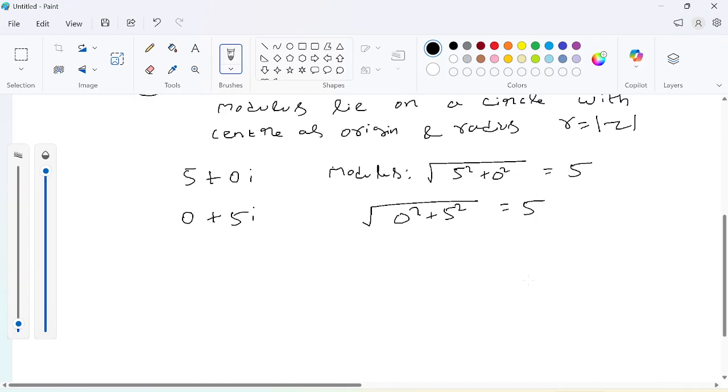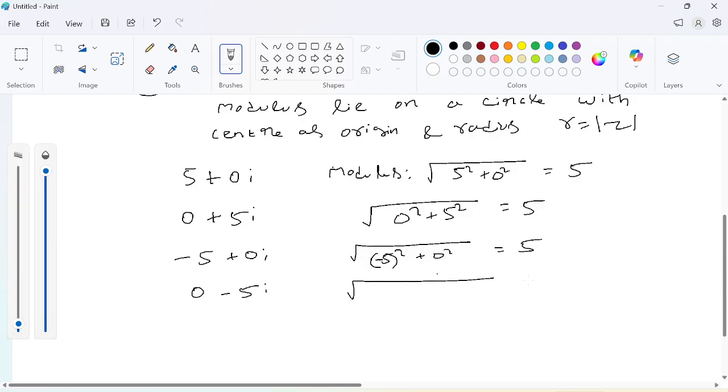If I take another complex number, minus 5 plus 0i, this is also 5, since minus 5 whole square is 25. Similarly, take 0 minus 5i: 0 square plus minus 5 whole square, which is again 5.